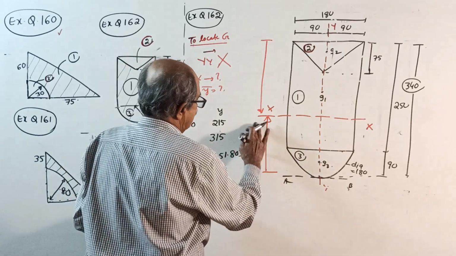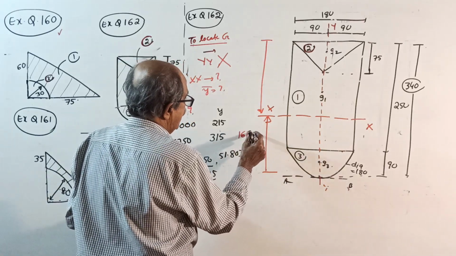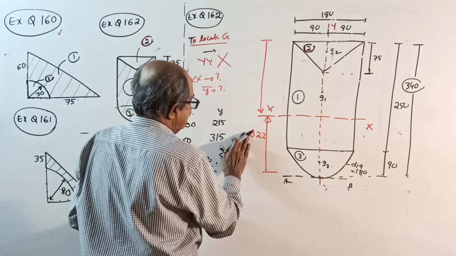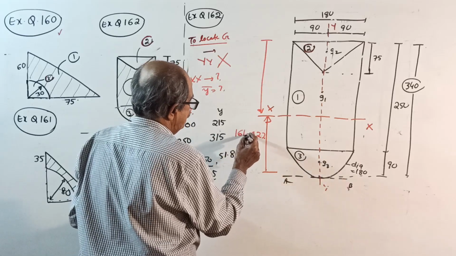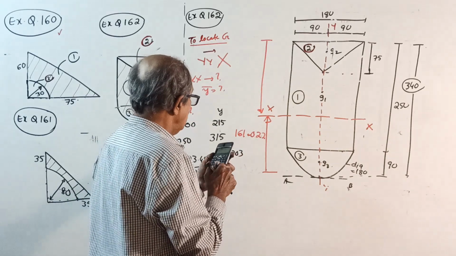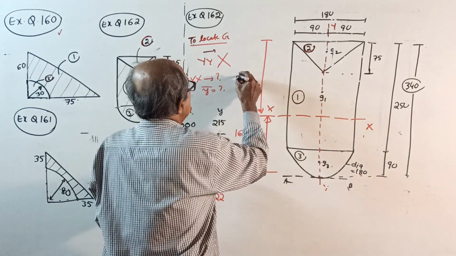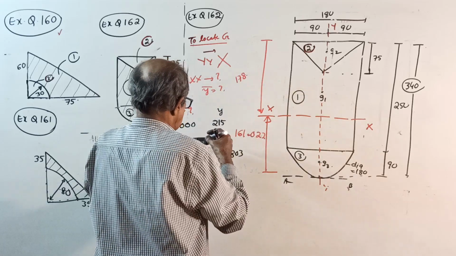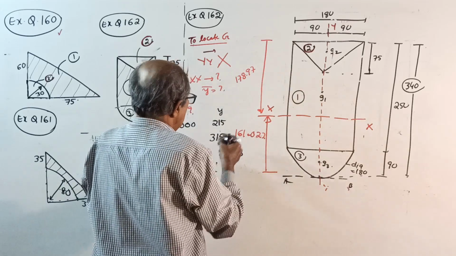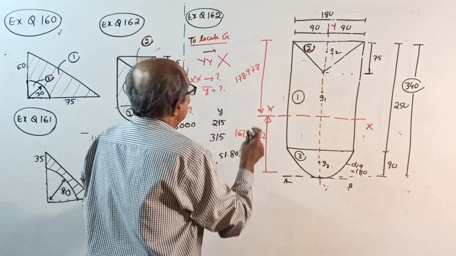So this is 161.022. In that case, from top it will be minus 340, which is 178.978.